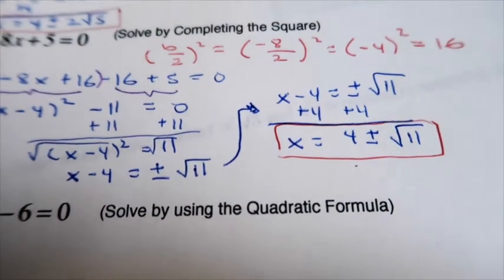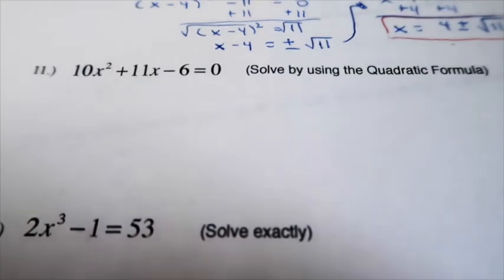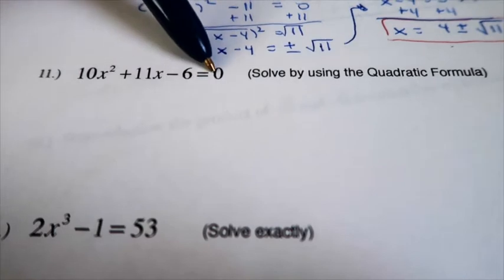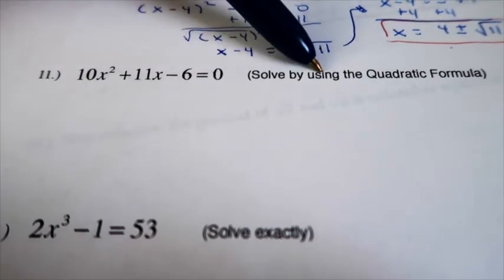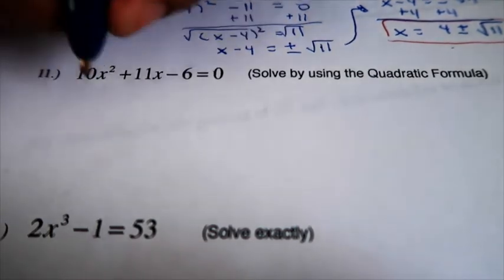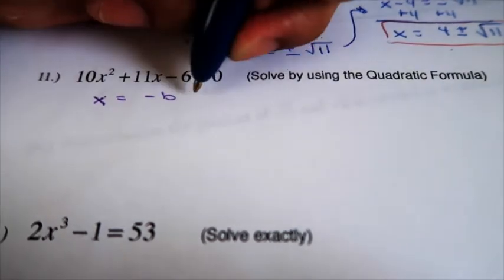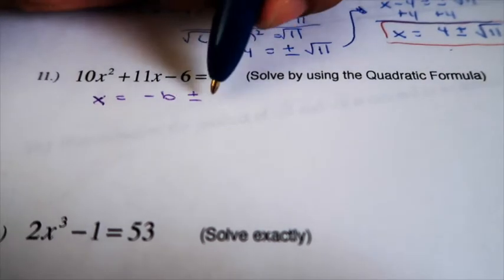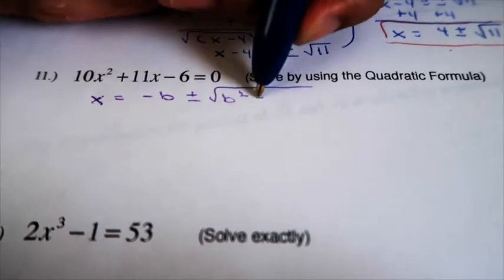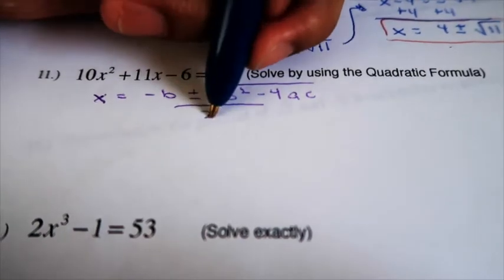Number 11, we have 10x² + 11x − 6 = 0. Now this one is telling us to solve by using the quadratic formula. So the quadratic formula is x equals −b plus or minus the square root of b² − 4ac, over 2a.